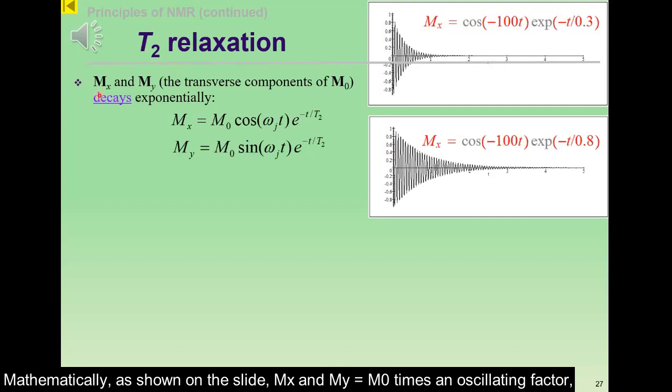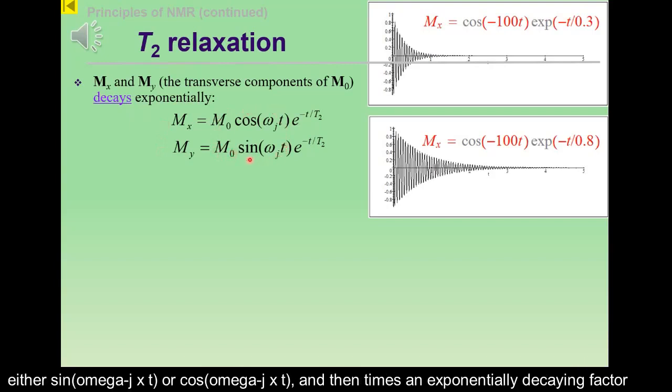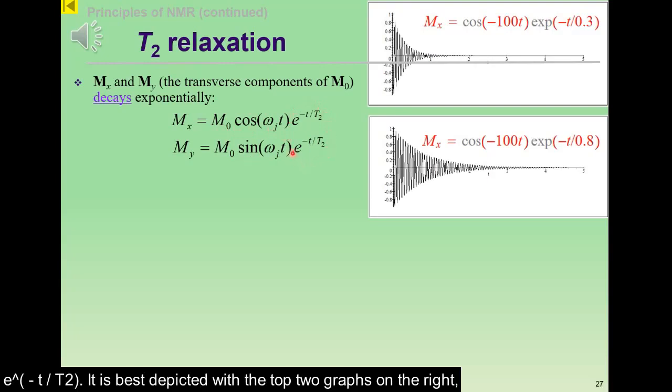Mathematically, as shown on the slide, Mx and My equal M0 times an oscillating factor, either sine omega t or cosine omega t, and then times an exponential decay factor, e to the power of minus t over T2.